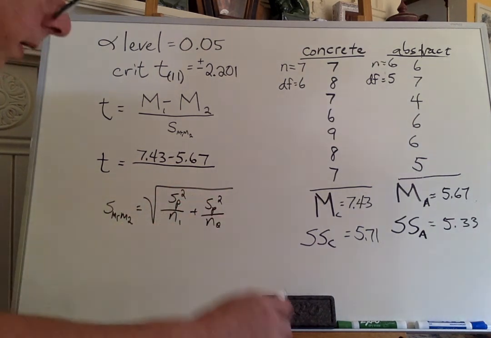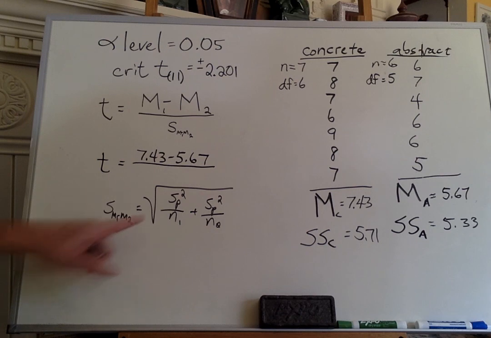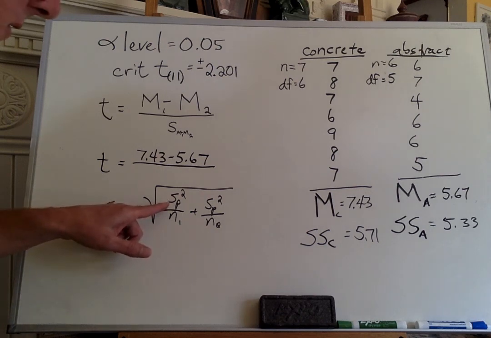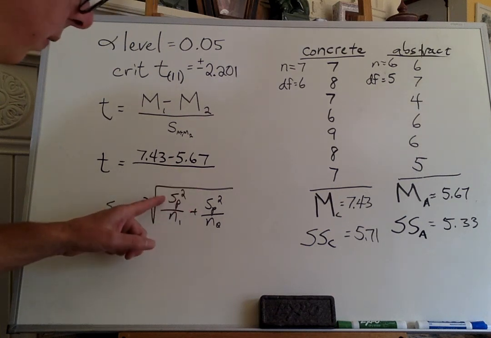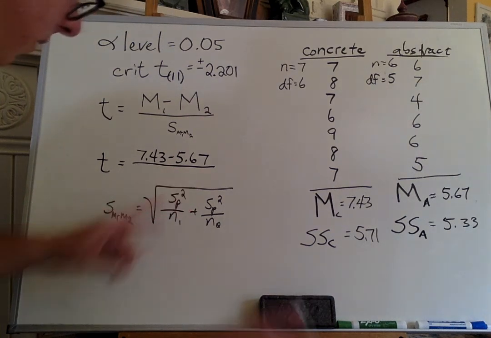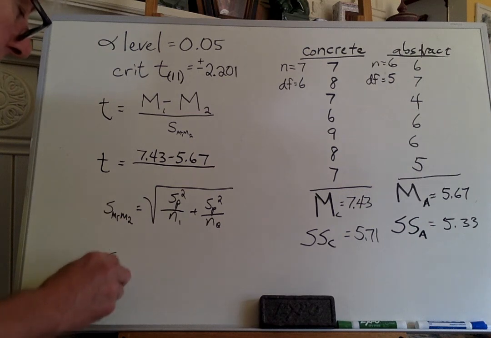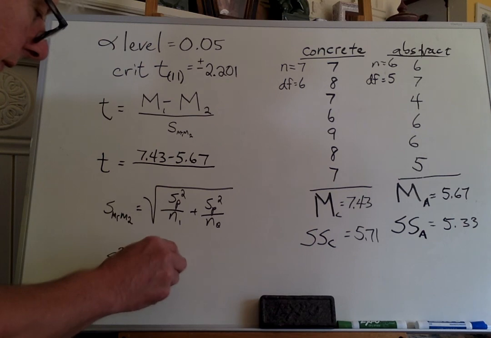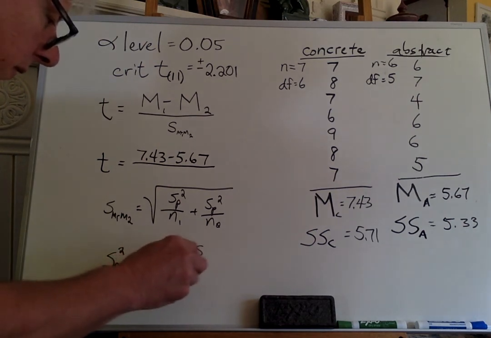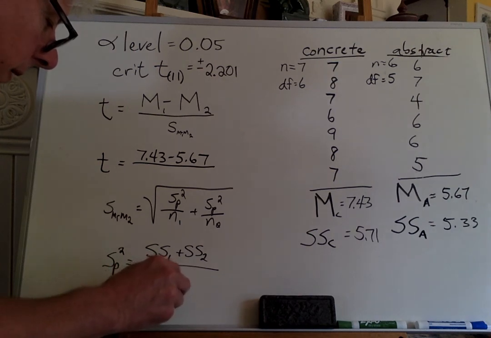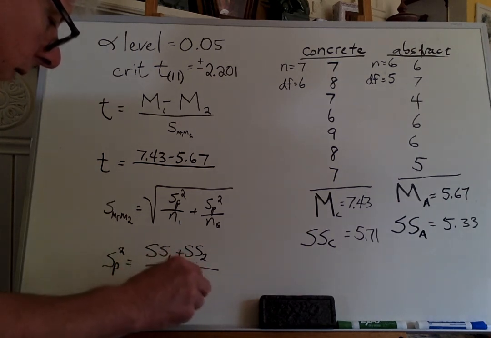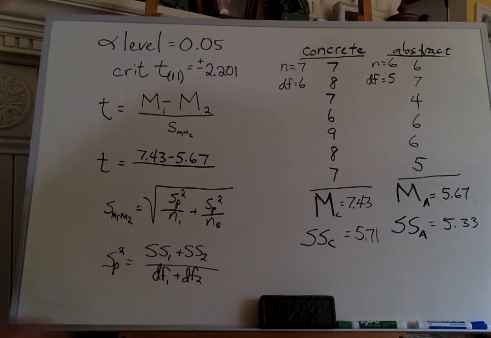In order to get this value, we need to get the pooled variability first. So what is the pooled variability? Well, it's the sum of squares for the first group plus the sum of squares for the second group divided by degrees of freedom for the first group plus degrees of freedom for the second group. Everybody with me?